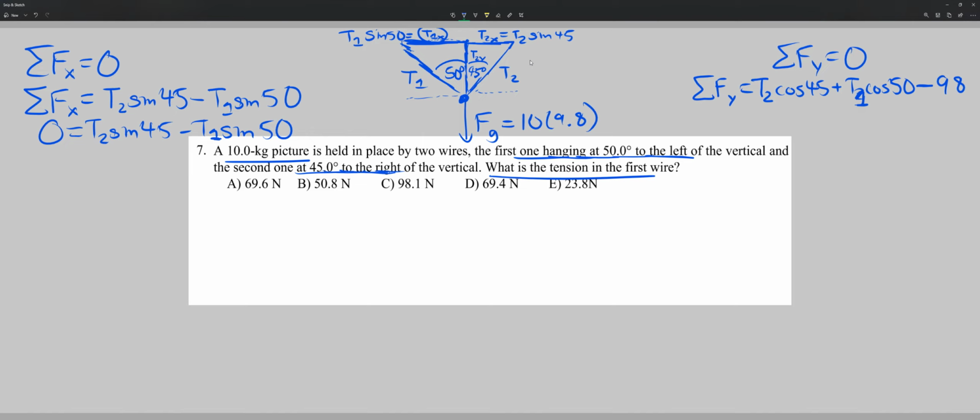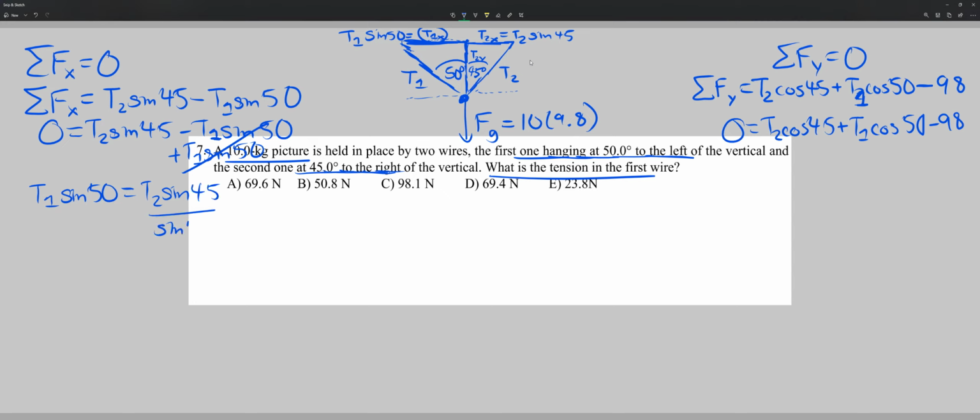You can do it with either net x or net y. I'm going to rearrange T2 in terms of T1 using the net x side. I'm going to add T1 sine 50 to both sides, and then I've got T1 sine 50 is equal to T2 sine 45.